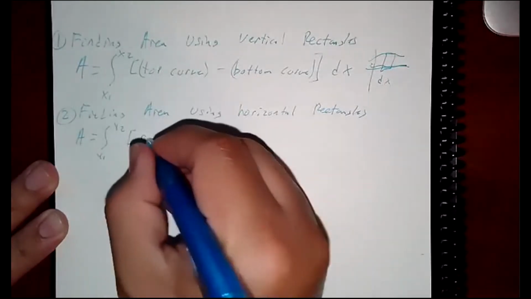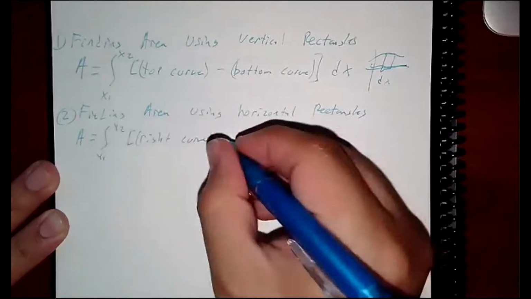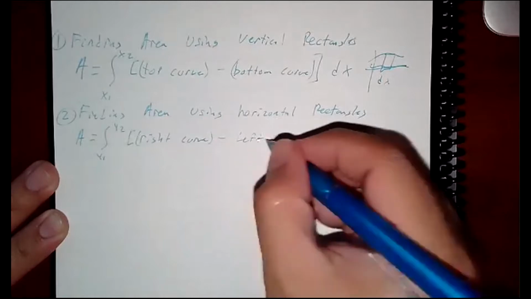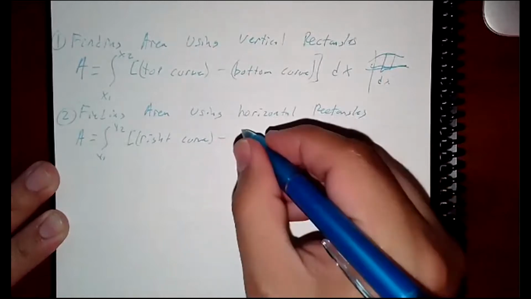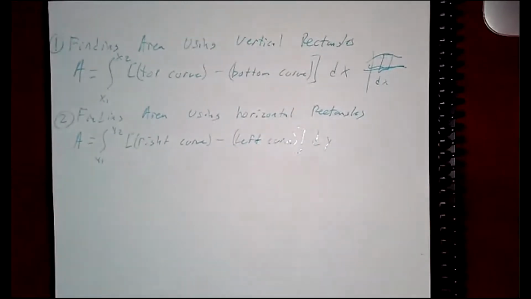This time it's going to be the right curve minus the left curve, dy. So if you notice a question that you can't do vertical rectangles, then you need to switch to horizontal rectangles. And if you switch, then that means you need to change the function into dy. So if the question gives you x stuff, you need to change it to y.